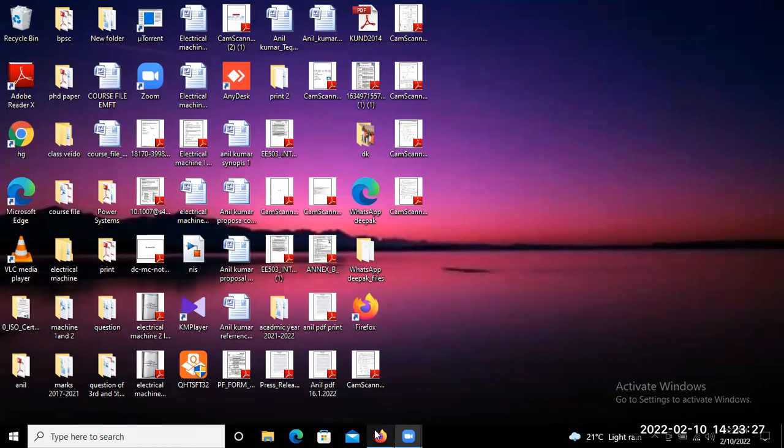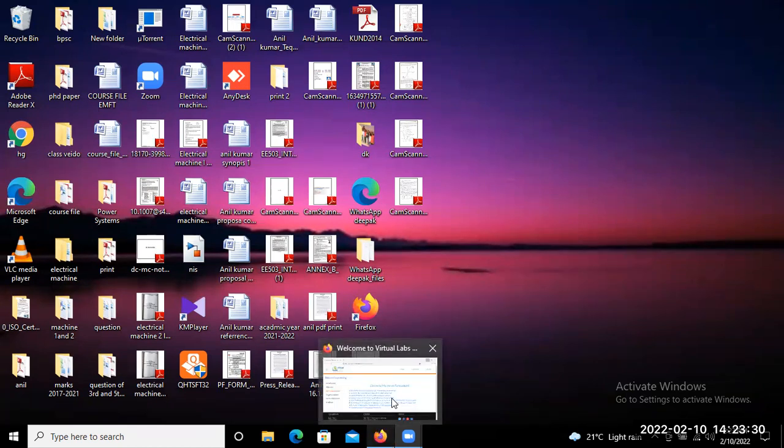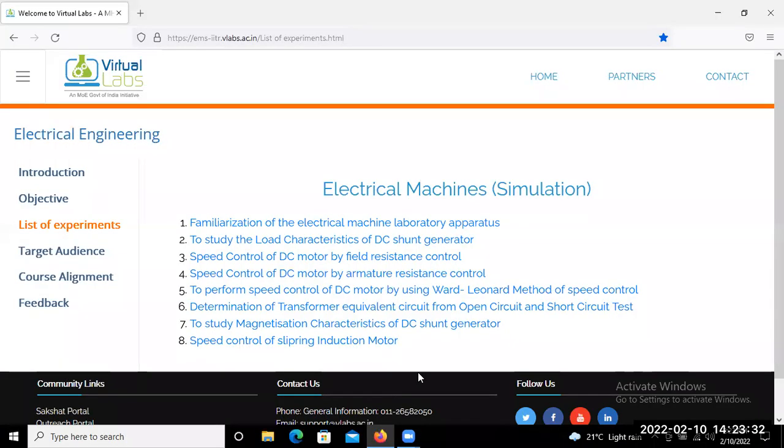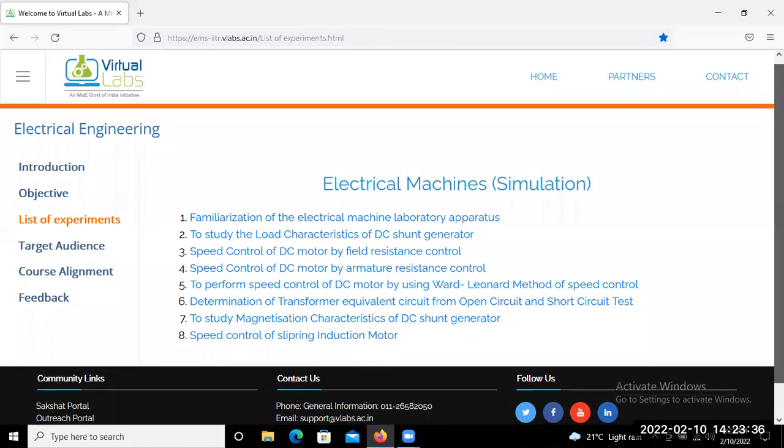So just see here, we will perform these two tests with the help of a virtual lab, since we are not able to physically perform them. Whenever it is possible at a later time, we can perform these tests physically in the laboratory.